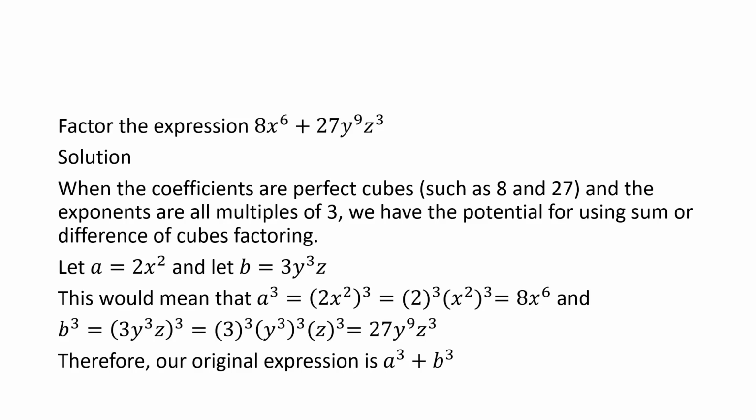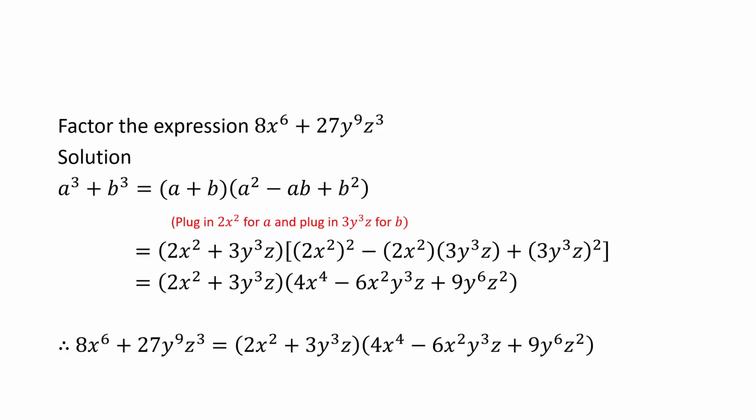And so letting a equal 2x squared and b be 3y cubed z, our original expression is just a cubed plus b cubed. So it factors into a plus b times a squared minus ab plus b squared. Plugging in 2x squared for a and plugging in 3y cubed z for b, we get 2x squared plus 3y cubed z in the first bracket.